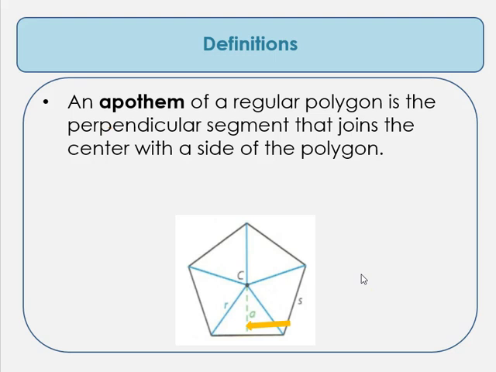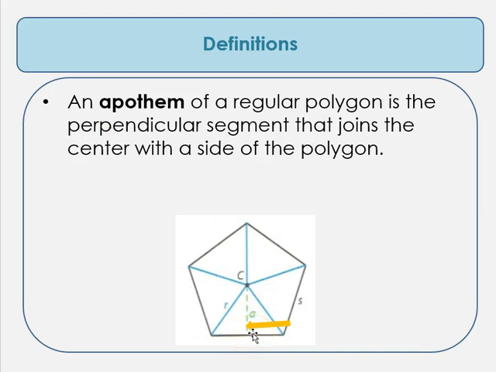In some, it won't. So for a triangle, the altitude will run all the way from the top of a triangle to its base. In a polygon, you're going to go from the center of the polygon to the base at a 90-degree angle.